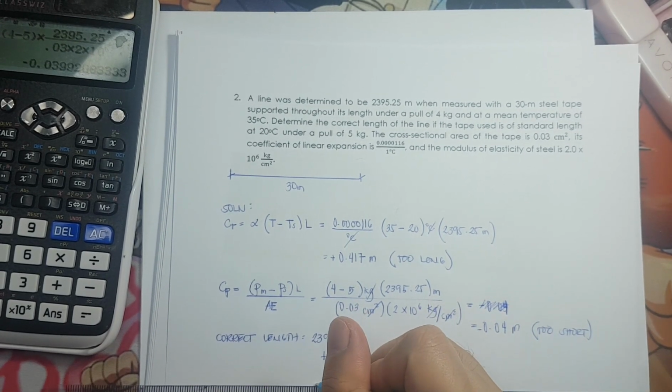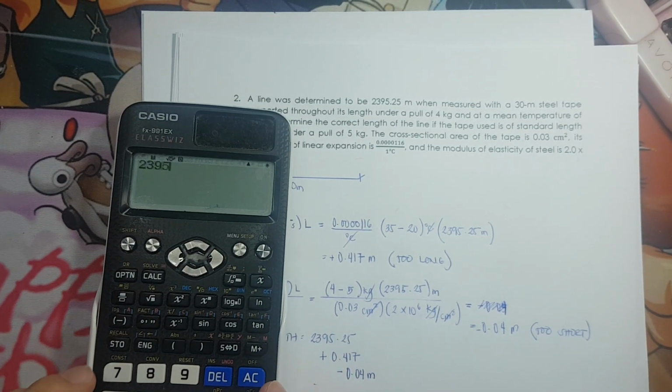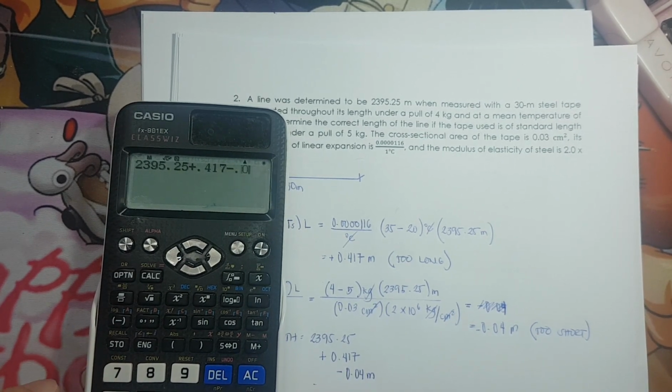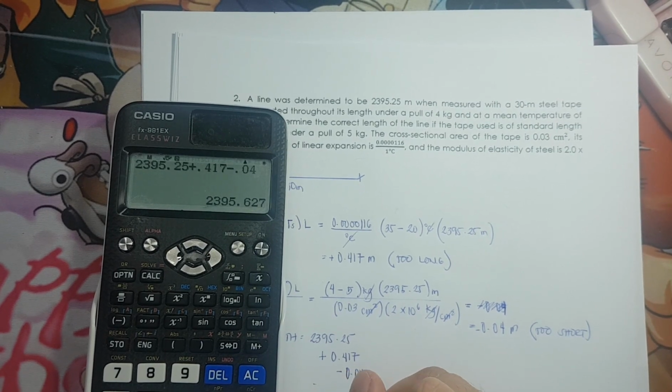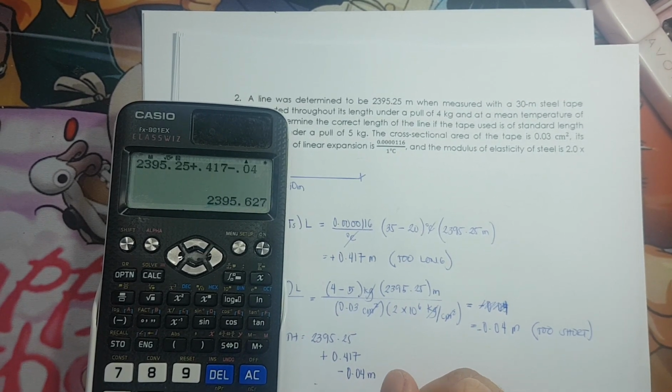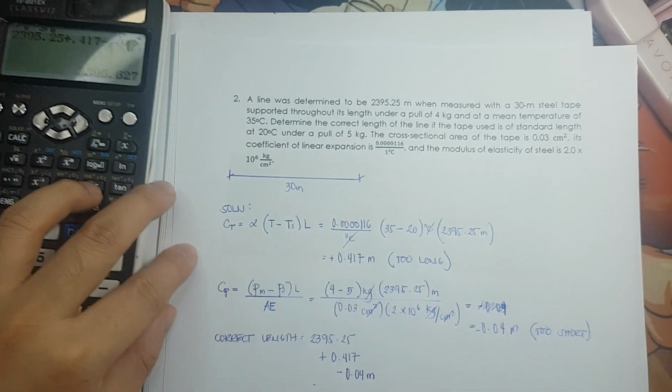And therefore, the correct length is equivalent to 2395.25 plus 0.417 minus 0.04. Therefore, the correct length is 2395.63 meters. Okay? This is the correct measurement.